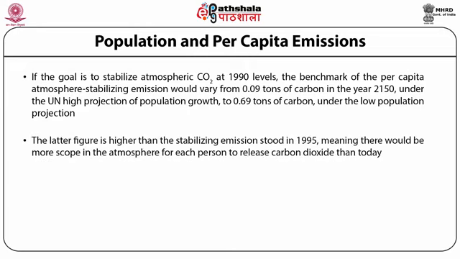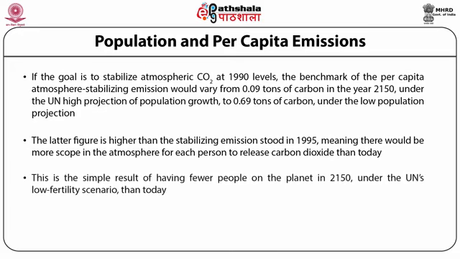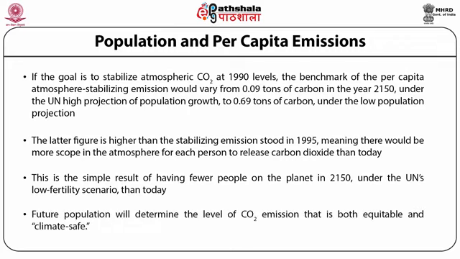The latter figure is higher than the stabilizing emissions stood in 1995, meaning there would be more scope in the atmosphere for each person to release carbon dioxide than today. This is the simple result of having fewer people on the planet in 2150 under the UN's low fertility scenario. Future population will determine the level of carbon dioxide emission that is both equitable and climate safe.